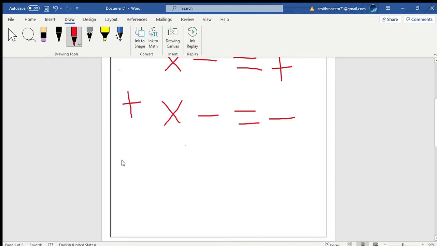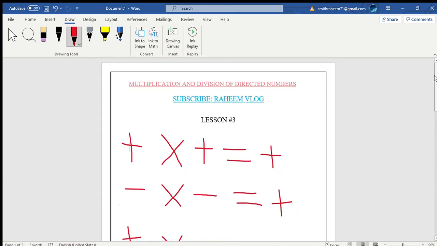And the last one will be negative multiplied by a positive. Your answer for this one will be negative.